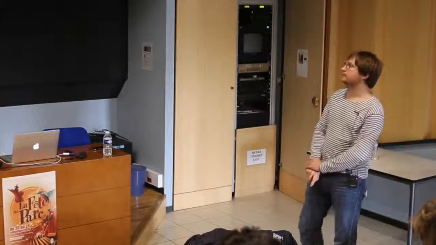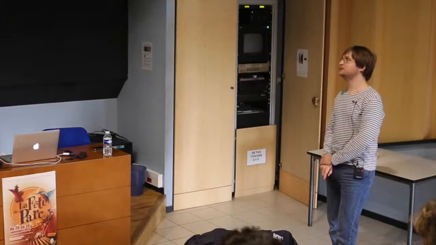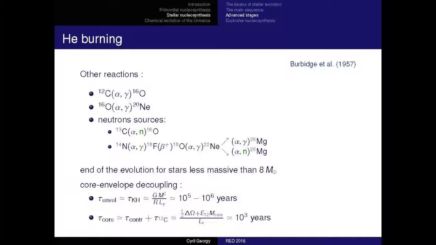So once you have your carbon inside your core, during helium burning, you can go a bit further using this reaction here. I did not explain this kind of notation previously. I don't know if you're used to them.